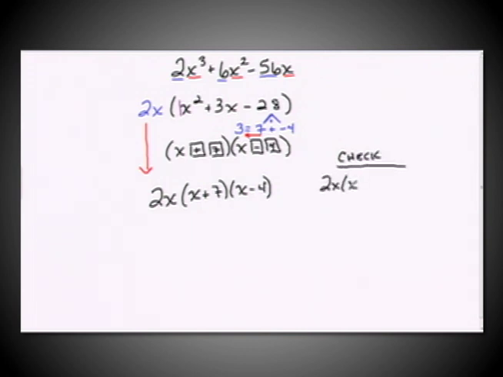2x times x plus 7 times x minus 4. Now some students get confused here about how to multiply all this together. They want to distribute that 2x to the x, the 7, the other x, and the negative 4. But that's not correct. We can look really quickly at an example of just multiplication.